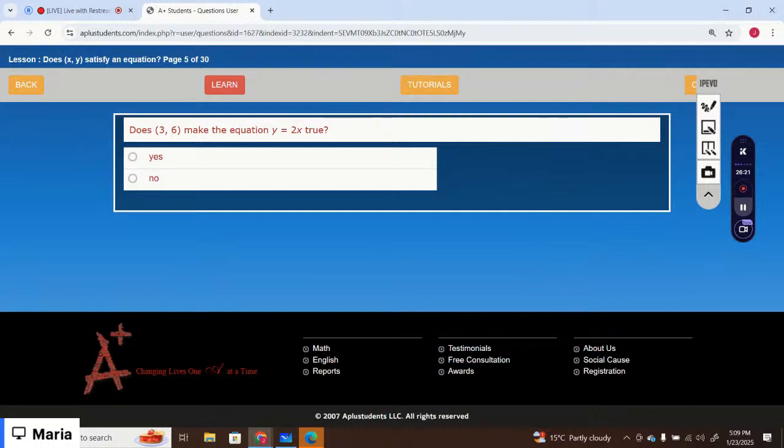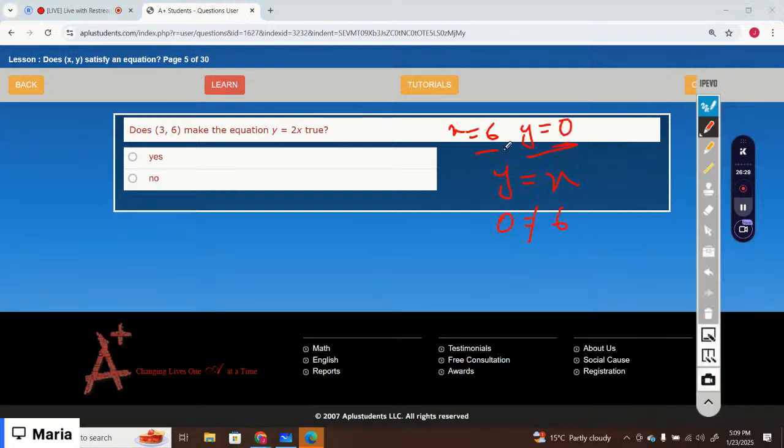Does (3, 6) make the equation y equals 2x true? x equals 3, y equals 6. y equals 2x, y is 6, x is 3. 6 is equal to 6. So yes, that means the point satisfies the equation, right?